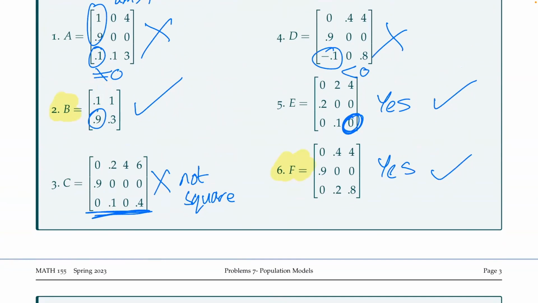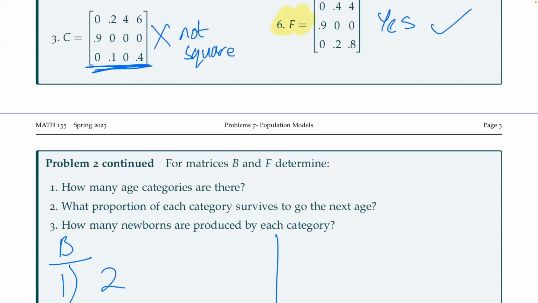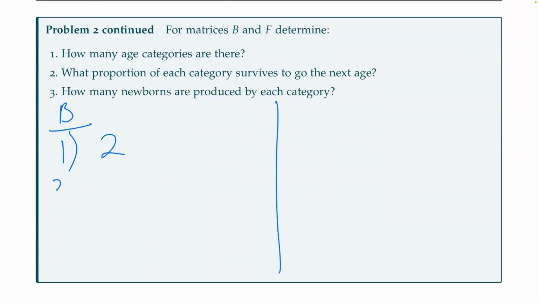Elements above the main diagonal tell us about births or things that are going back in time, right? We definitely don't want things to be de-aging, but things below the main diagonal will tell us about what is aging, okay? In this case, we've got 0.9, so I'll just write this as 90%, so that's clear. So 90% survive to the next stage.